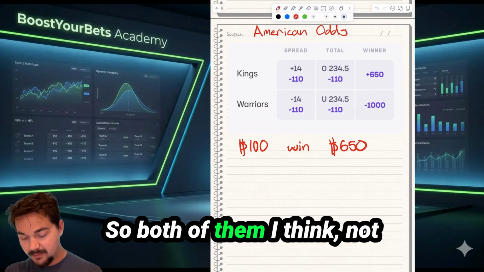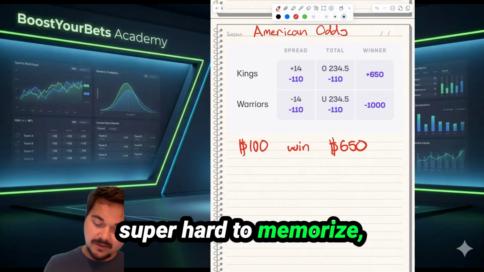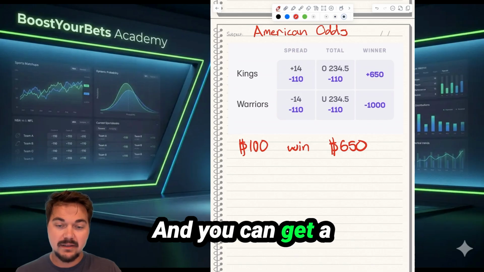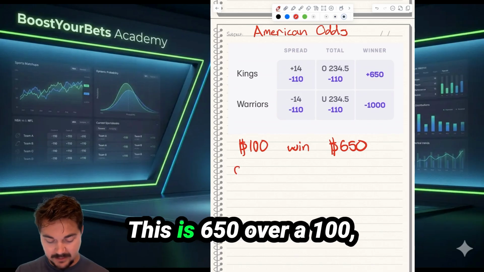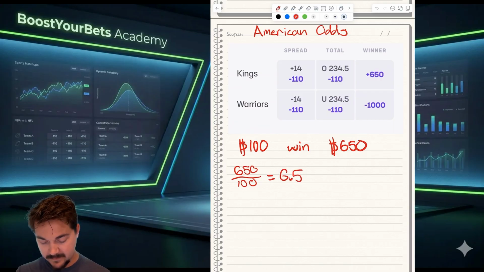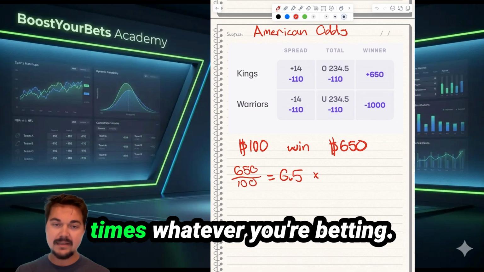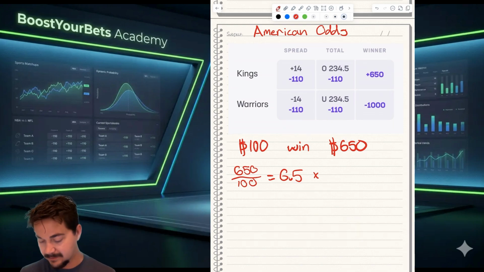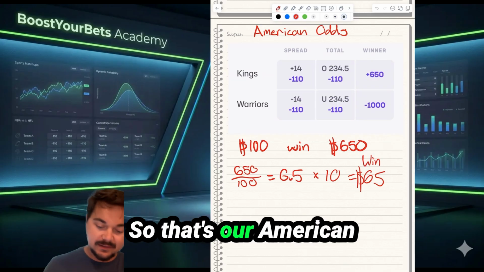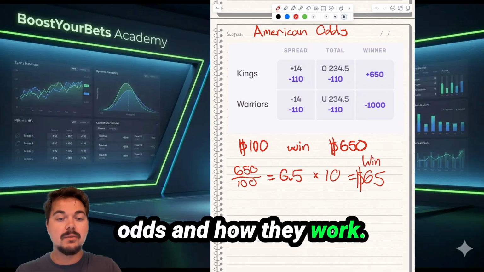So both of them, I think, not super hard to memorize, but that's just the basics there. And you can get a ratio here as well. This is 650 over 100, which equals 6.5. And you can multiply that times whatever you're betting, $10, and you'll get $65. You'll win $65. So that's our American odds and how they work.